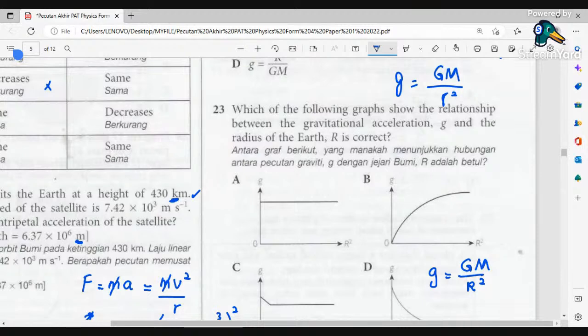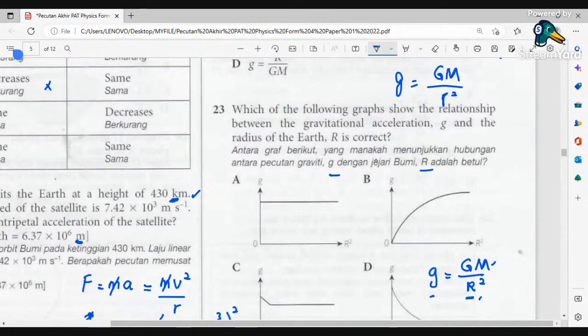Actually, I feel this is not a very good question, because as we know the radius of the Earth is constant, right? So g with R doesn't actually change, it stays constant. Radius is constant, GM is also constant, so g should also be constant.